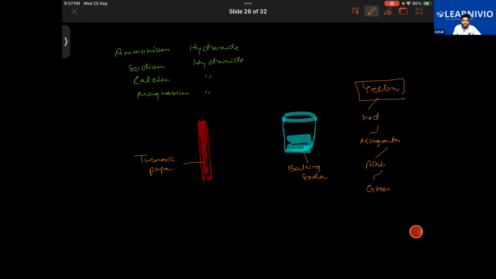I think you were not there. Basically, when we drop some baking soda solution on a turmeric paper, which is yellow in color, its color changes to red, indicating the presence of a base. But in acidic solution, it remains yellow.